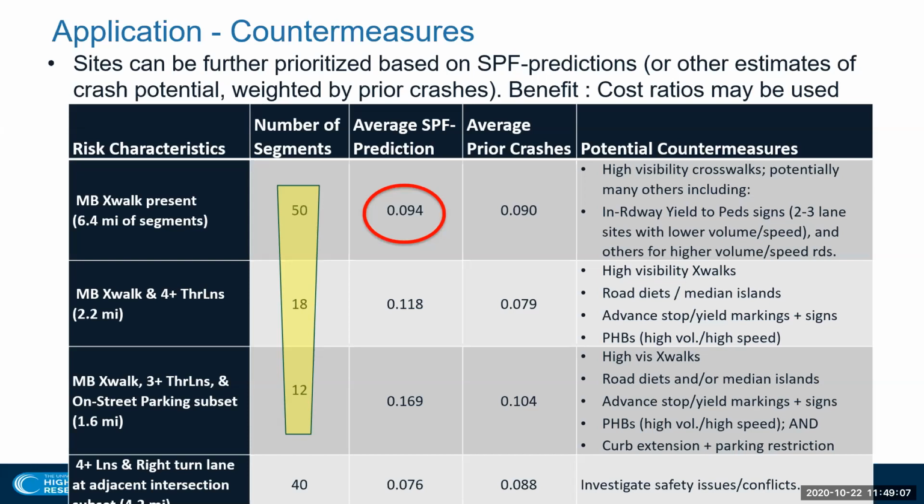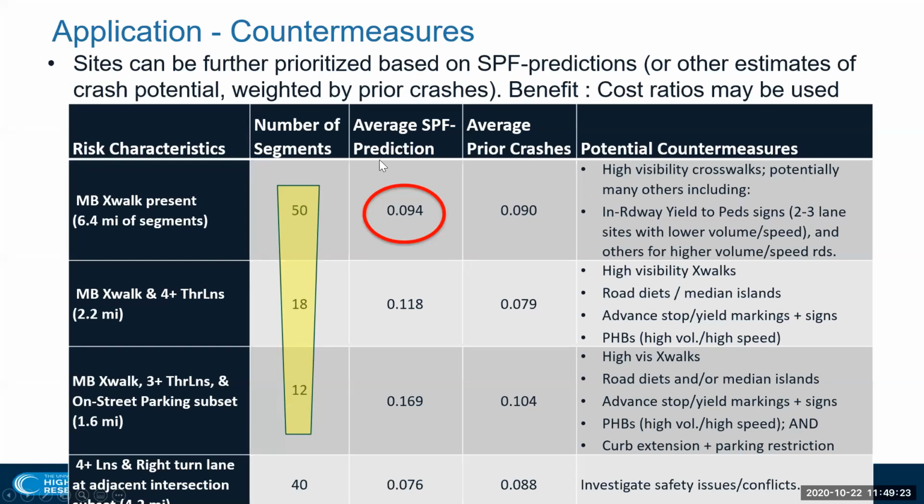So then finally, as I mentioned before, we can use the predictions, and these numbers in the middle column here are just showing the average SPF predicted crashes for all 50 of these sites, but there's a range of values here.